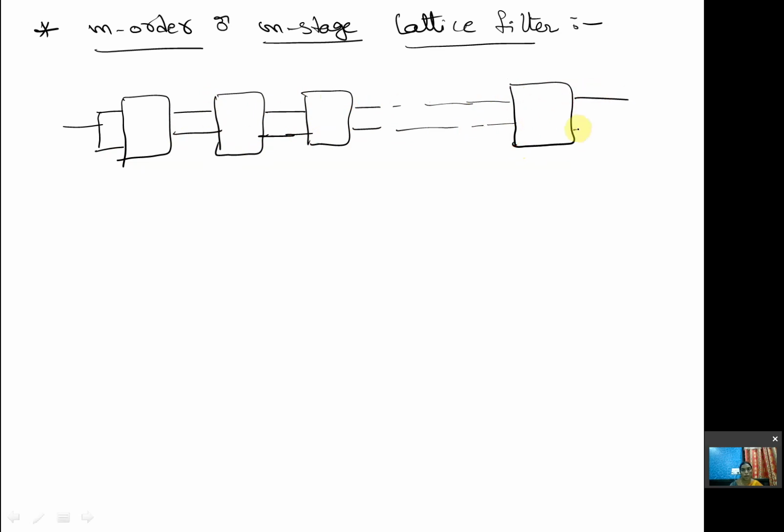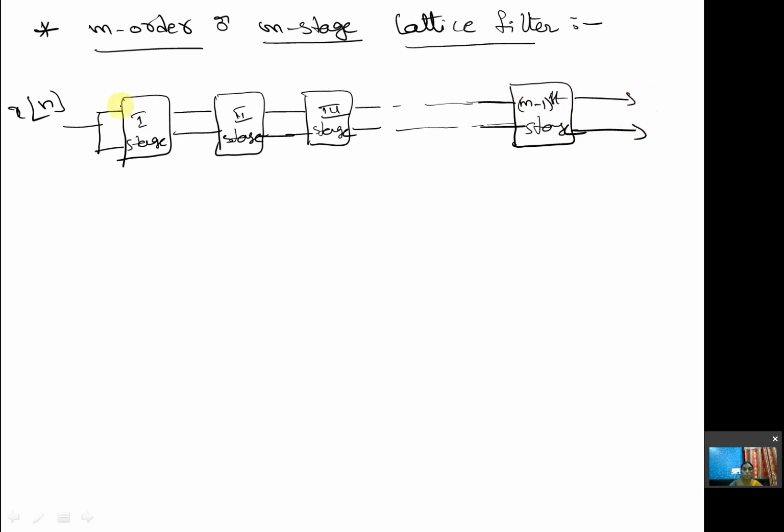Okay, right, like this you just implement. So here is x of n, first stage, here second stage, third stage, and at last how many stages for M order? M minus 1, M minus 1st stage.